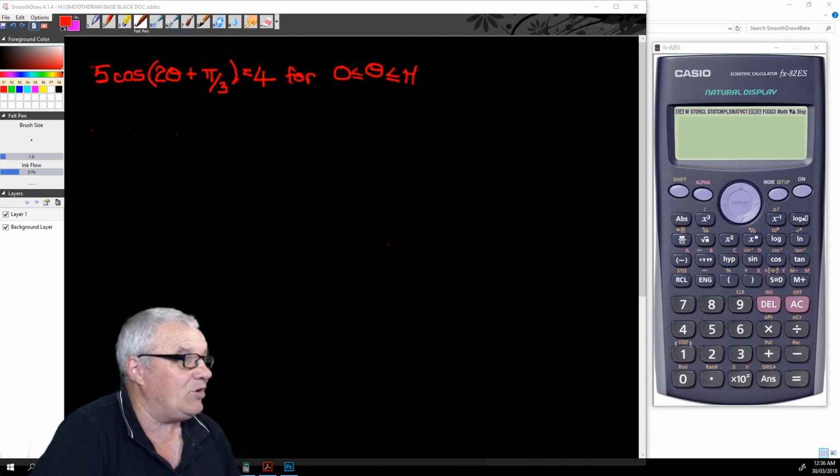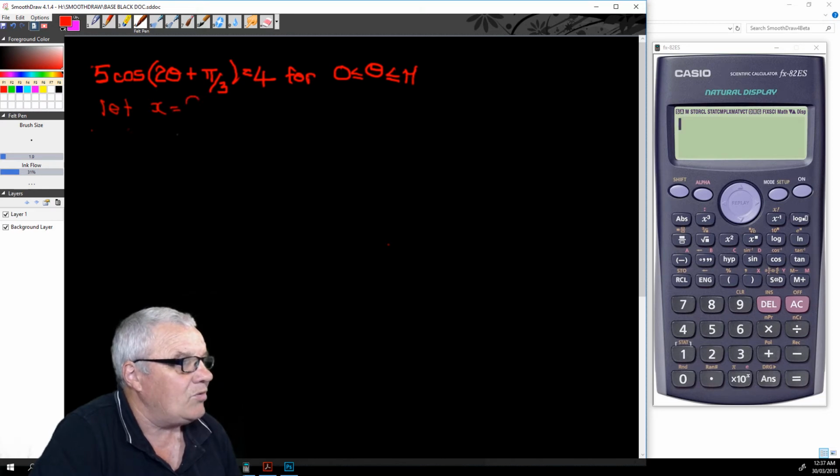So first up, to make it a little bit easier, let x equal 2 theta plus pi upon 3.